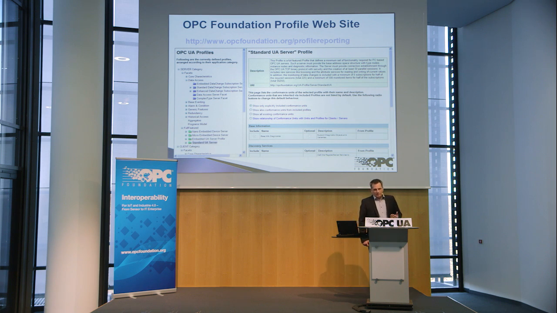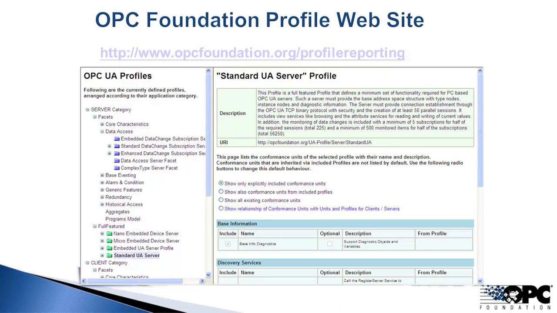To get a description of all the different profiles, facets and conformance units, there's a website: opcfoundation.org profile reporting, where you can see all the different profiles and a description of what they mean and what functionality is included in each profile. And as you can imagine, profiles build up on top of each other to create more and more functionality.